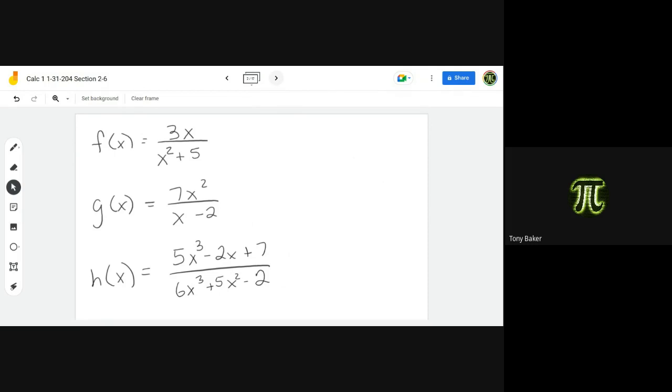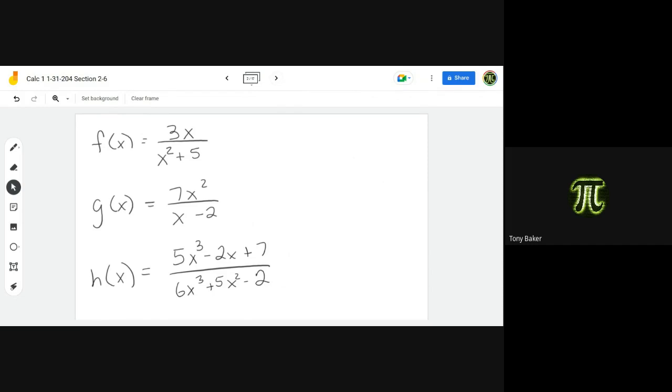Okay. Yeah. Yep. That's a vertical asymptote. That's how you calculate it. Yeah, that's one of the ways you calculate it.